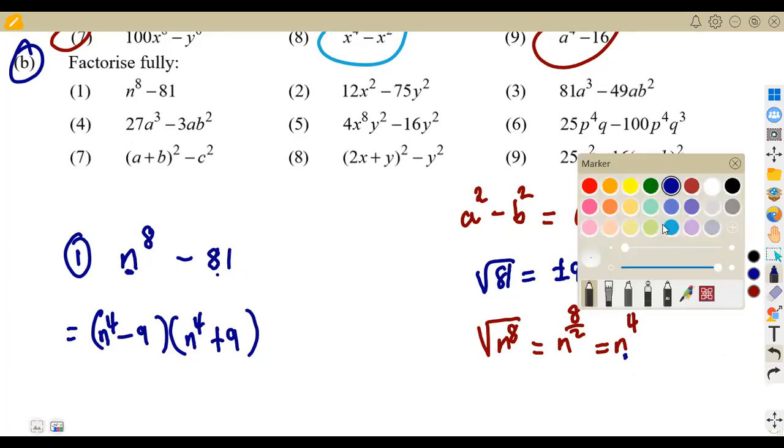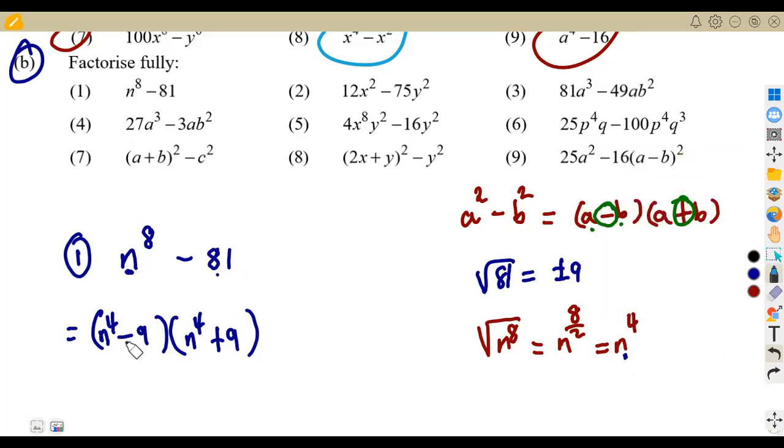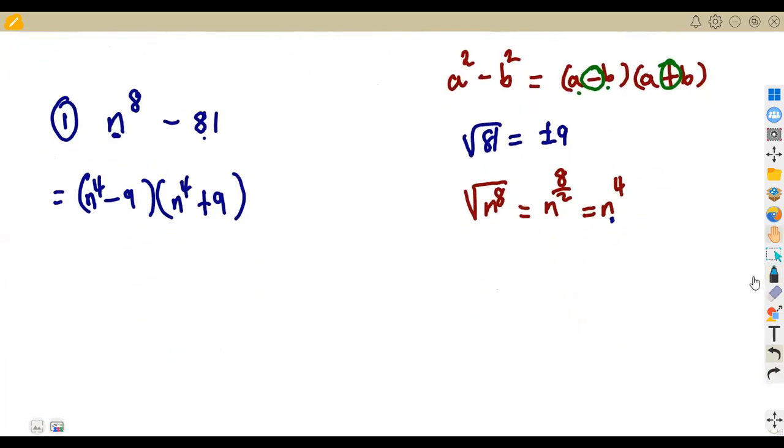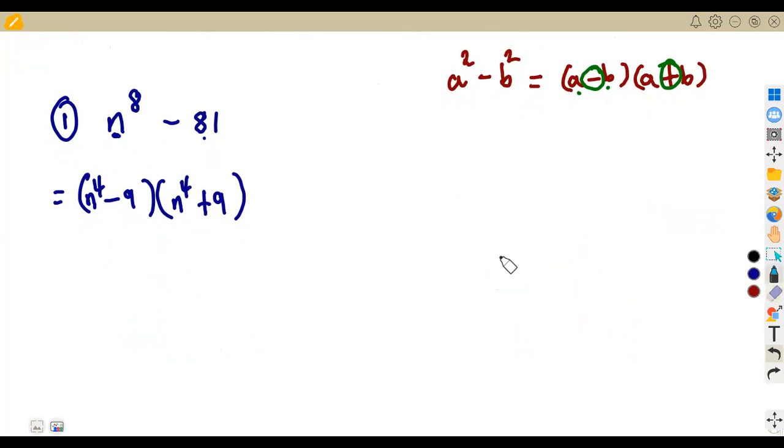And by extending this, by checking our question, we are going to see that we are also having another difference of 2 squares here, because we have an even exponent, which is 4, and we can determine the square root of 9. Remember, the square root of 9 is 3. So that means we have another difference of 2 squares to consider at the end.